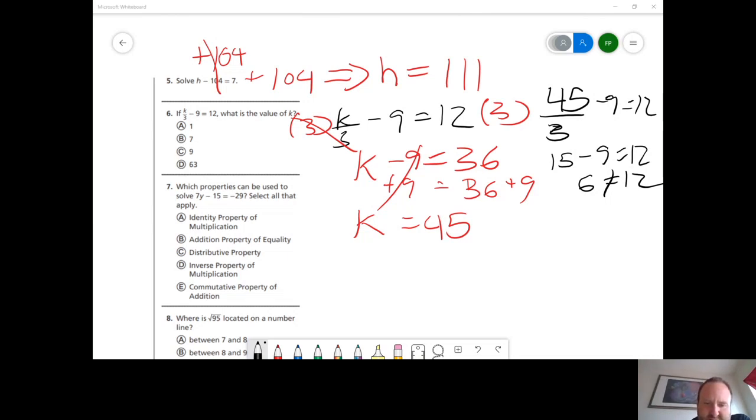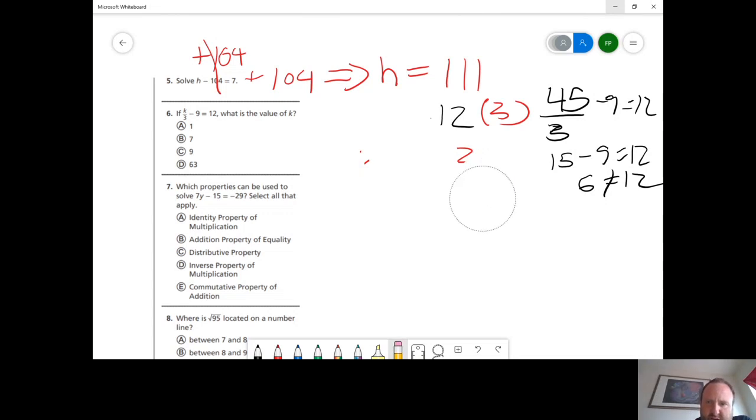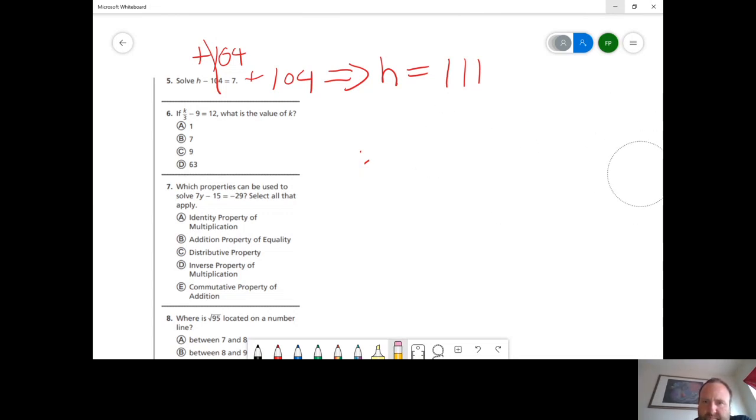So let's double check, and do the problem the correct way, doing PEMDAS in reverse order. Again, we have k over 3 minus 9 equals 12, and we add 9 to both sides.